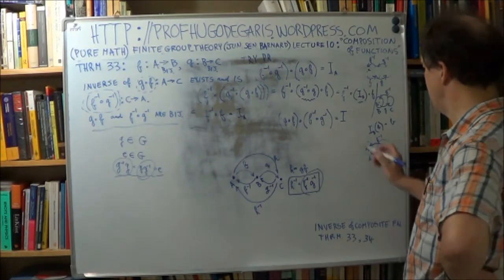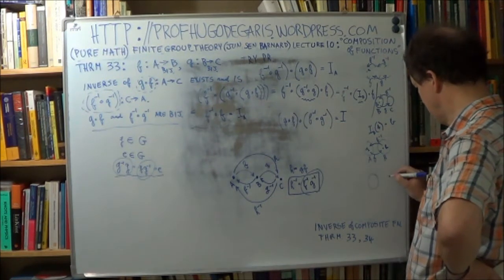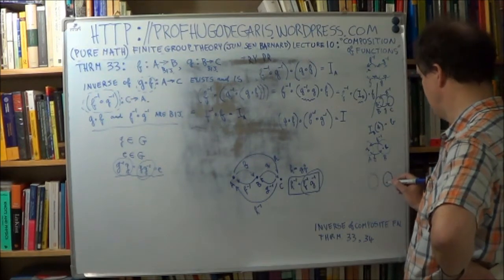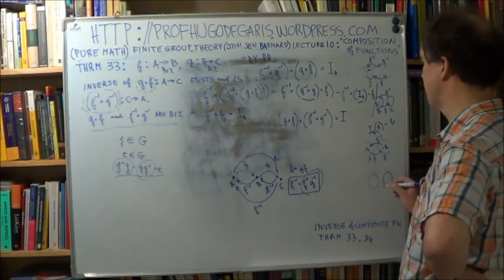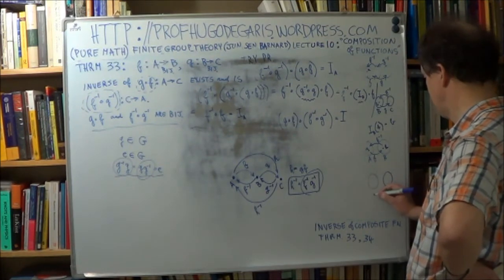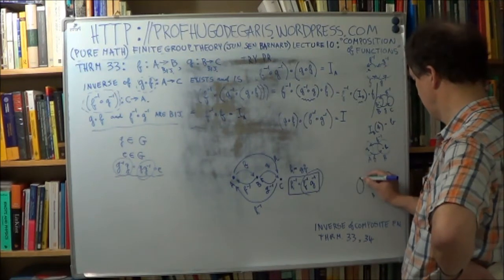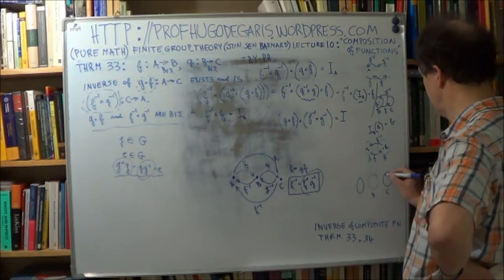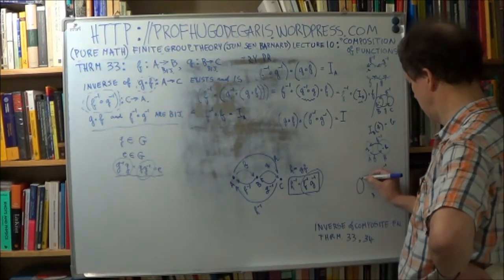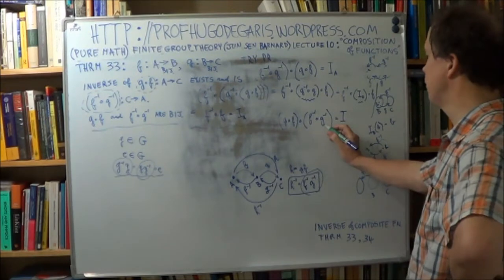So g inverse, that's what you do first. There's your g inverse, and there's your f inverse. Okay, so we're doing this one first.